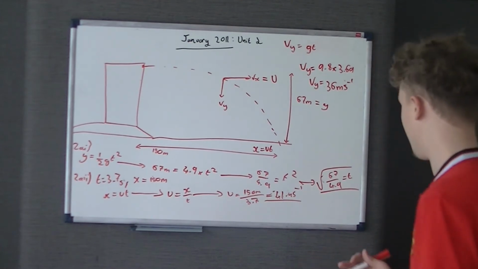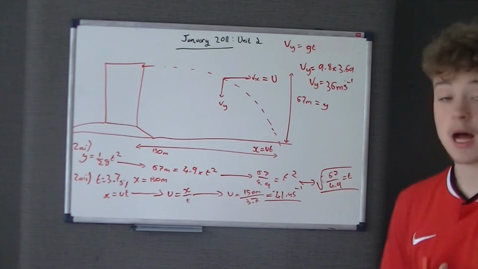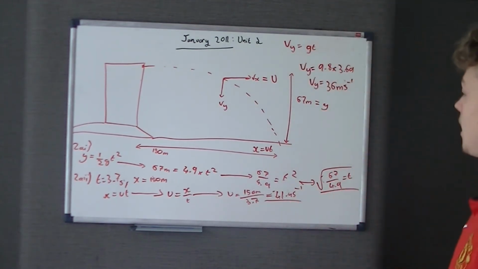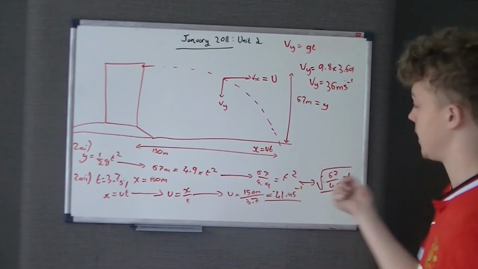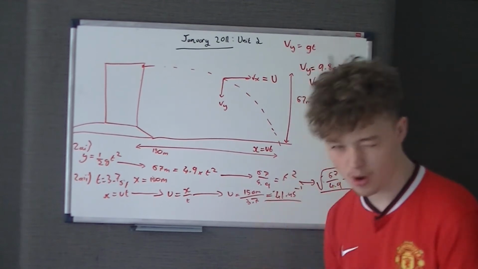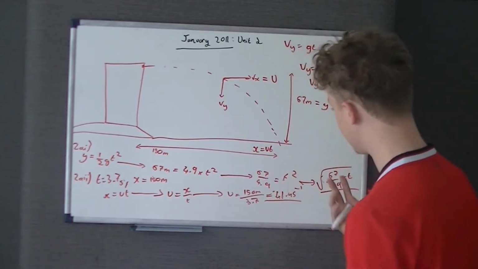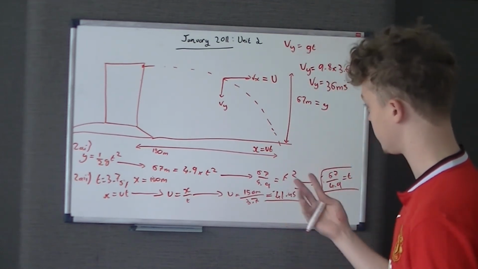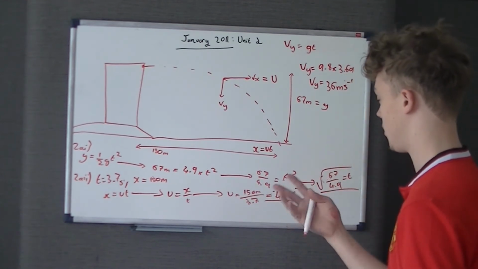So now we know the horizontal velocity at the moment of impact, and it doesn't lose it because it's not affected by gravity. And we know the vertical velocity. Even before we look at the next question, we've looked at the horizontal displacement, the horizontal velocity at the moment of impact, the vertical velocity, and the time.